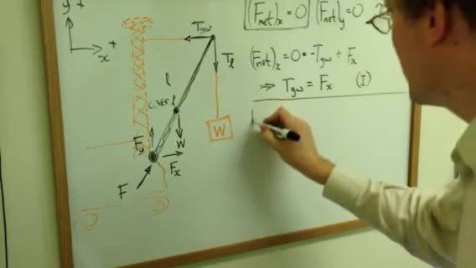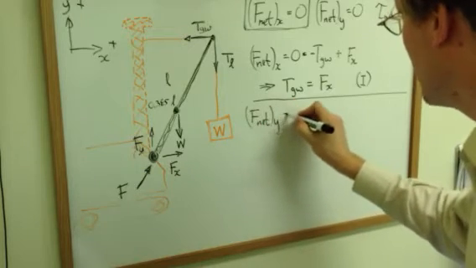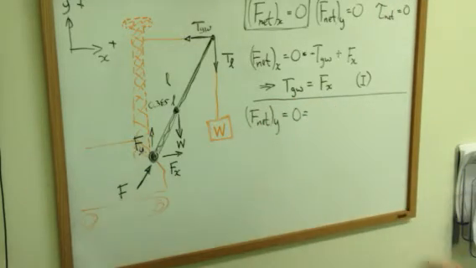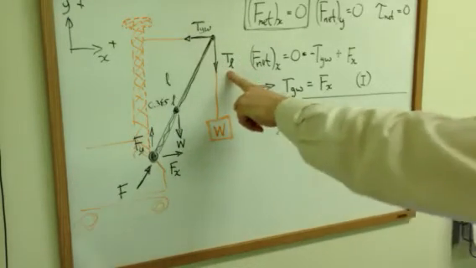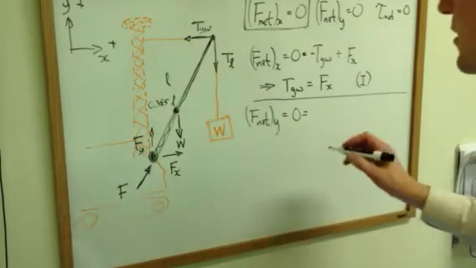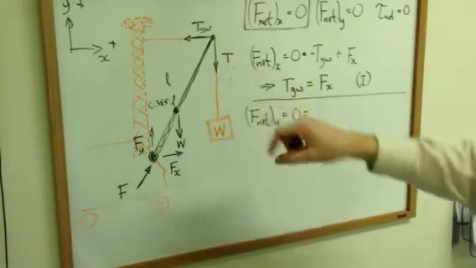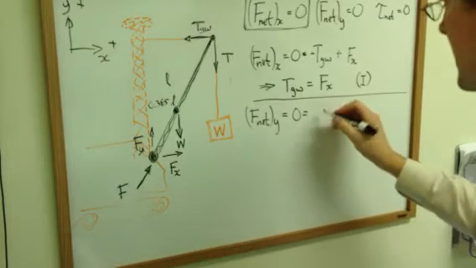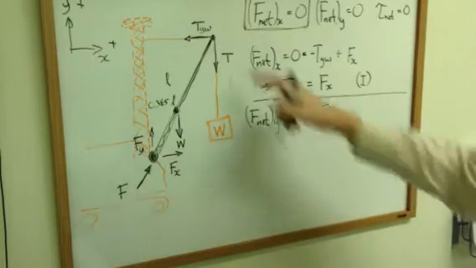All right, no net force in the vertical direction. What can I glean from that? Well, there is a tension in this wire here. I'm not sure why I called it L. Tension load. I'm just going to call it tension. There's a tension downwards.